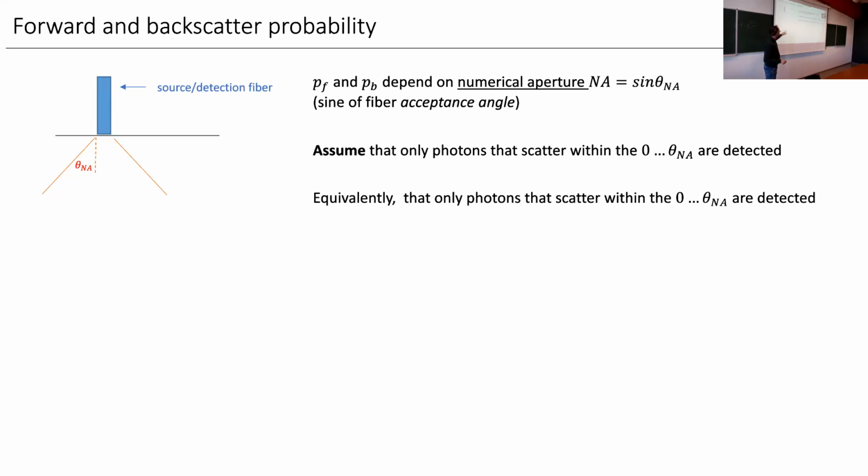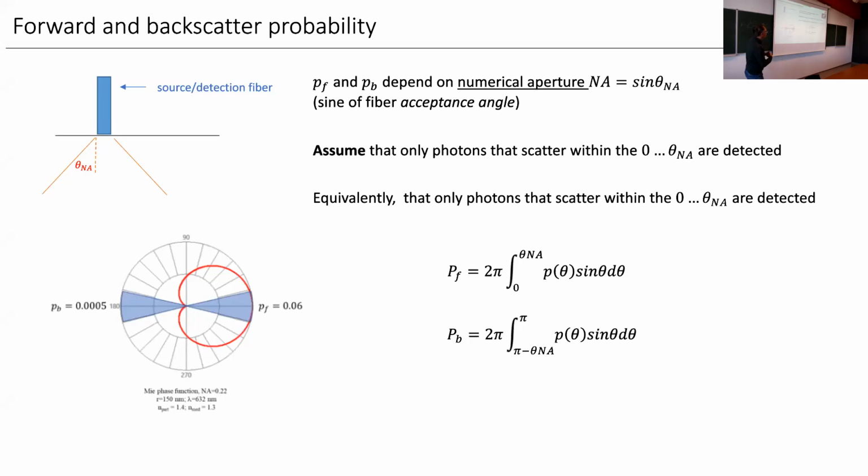If the NA, the acceptance angle of the fiber, was really small, then the launched photons will be more or less in a straight direction, but it will also only accept photons that are on the sides. So we will assume that only photons whose scattering is limited to the NA will be detected.